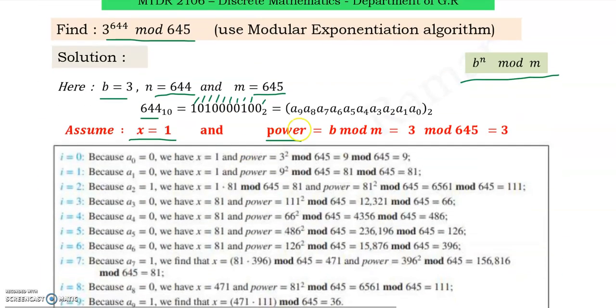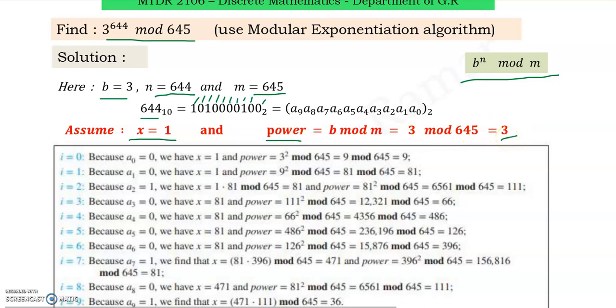So now here B modulo m is nothing but, see, B is 3. Modulo m is equal to 645. So now you see this is a small number. Our modulo m, 645, is bigger than this 3. So the remainder is 3, so I can write power is equal to 3.